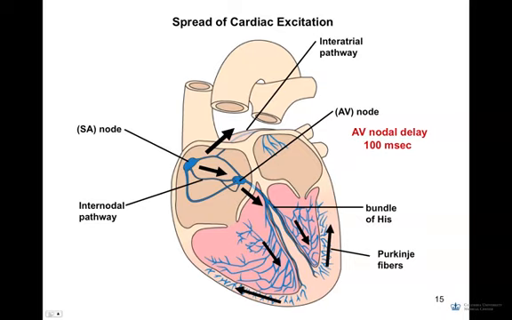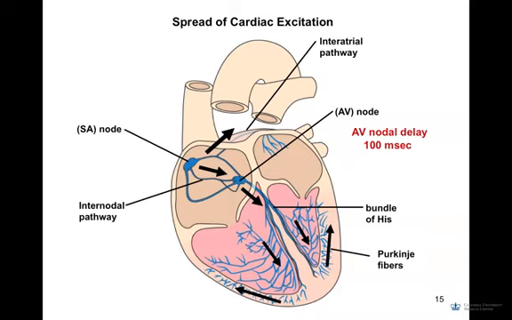Once the AV node fires, the action potential quickly spreads to the bundles of His and the rest of the ventricles, leading to ventricular contraction.